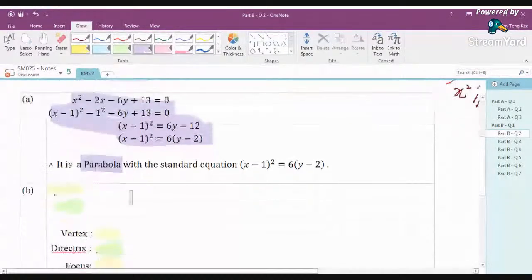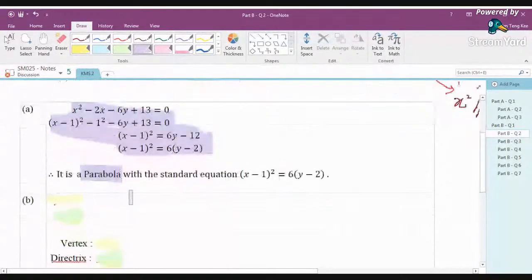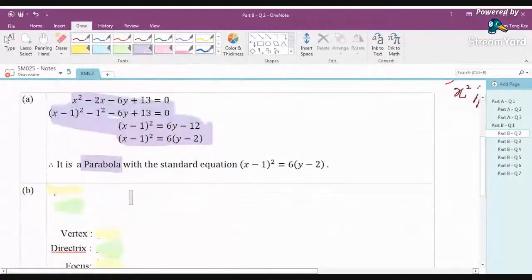Once we're done with this, part B, we want to find the vertex, directrix, and also the focus. To get this answer, we start by comparing with x minus h squared equals 4p times y minus k.